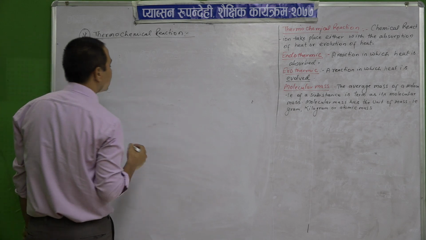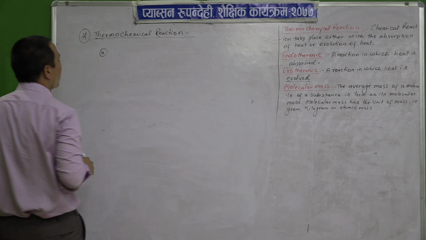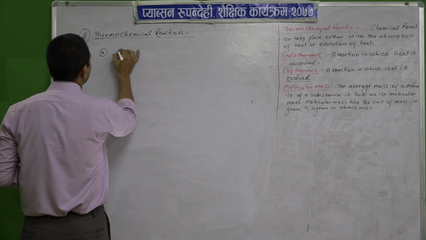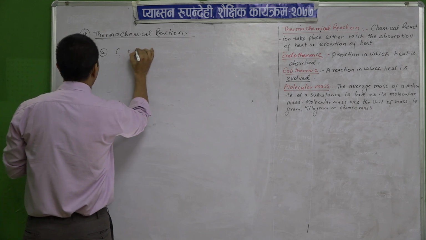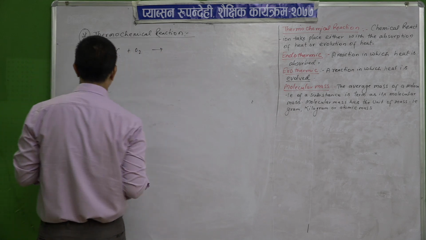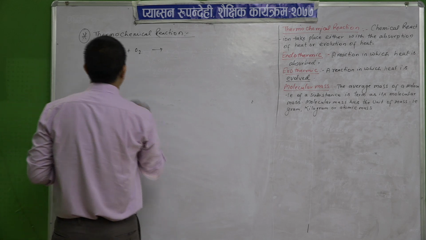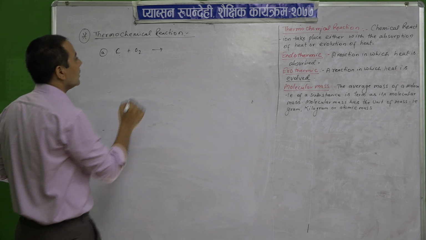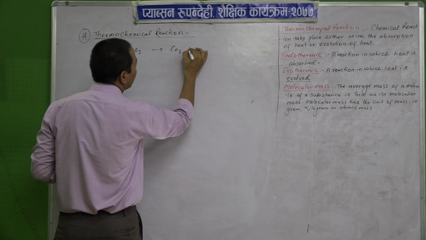Okay. Now let us come to the examples of exothermic reactions. C plus O2. What happens? Carbon reacts with oxygen, it gives carbon dioxide plus heat.